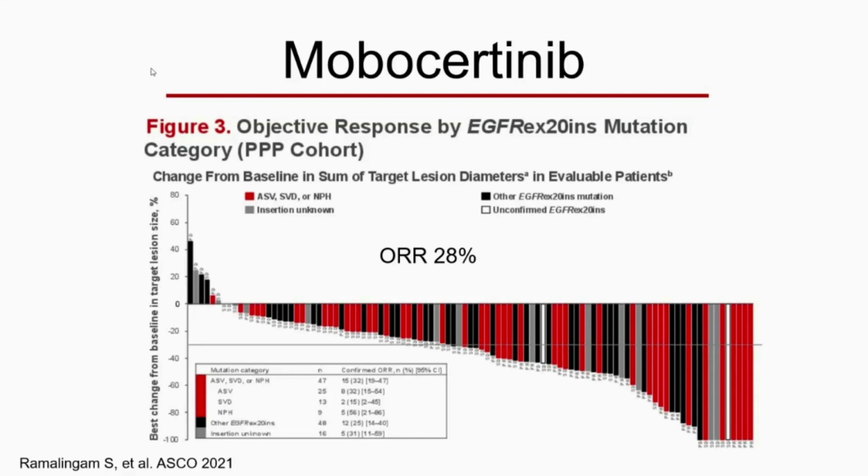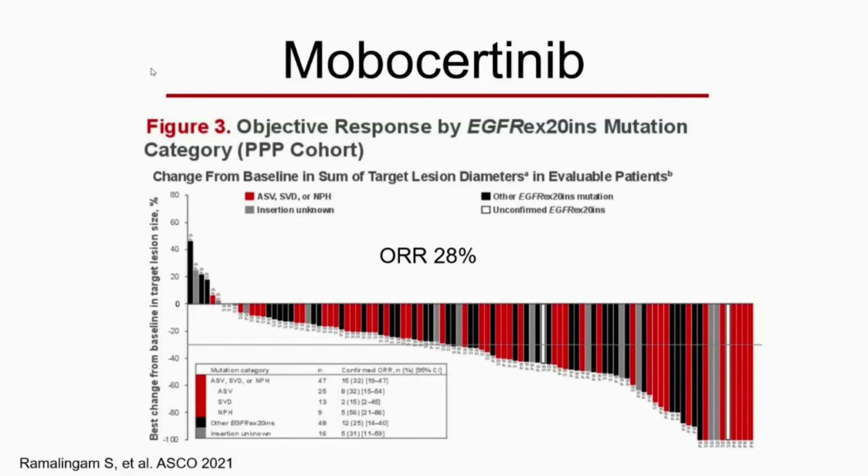This is data that we saw updated at ASCO, that same annual meeting that Jack just mentioned. So, this agent, I would say, has shown some moderate activity with a response rate of 28%. It's not a home run, so I think we're still learning.